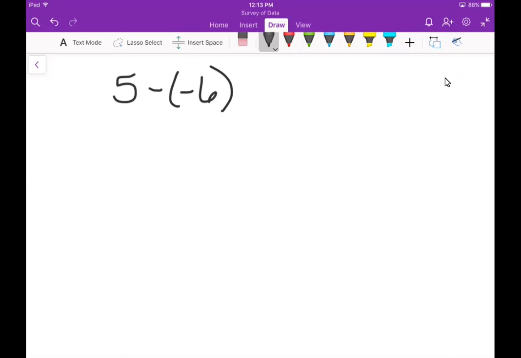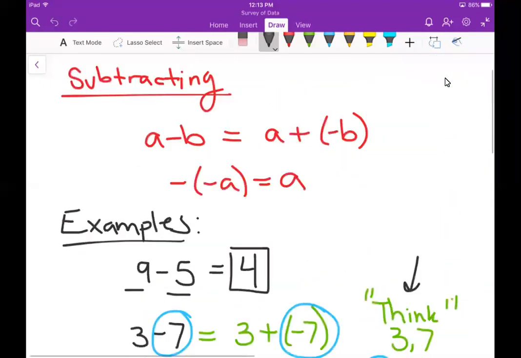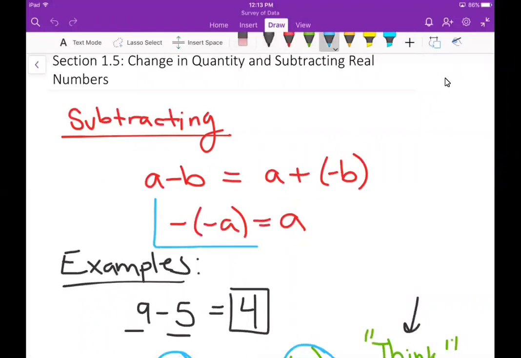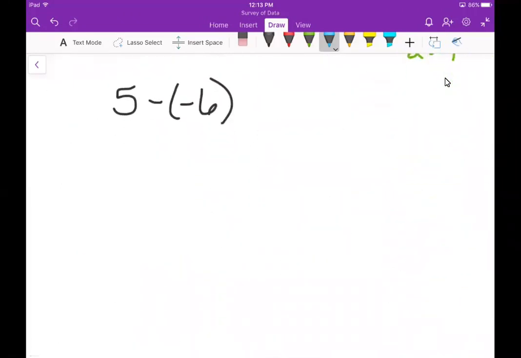When I start to get more negatives, things start to get more confusing. But remember our property, right? This is where we want to remember this property here. Two negatives come together to be a positive number. So minus a negative number will actually be a positive. So we have 5, those two negatives come together to be a positive.